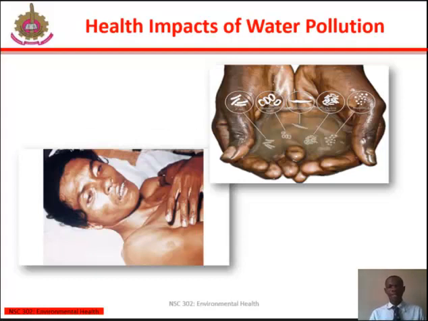What are the health impacts of water pollution? It is a well-known fact that clean water is absolutely essential for healthy living. An adequate supply of fresh and clean water is a basic need for all human beings on the earth. Yet it has been observed that millions of people worldwide are deprived of this.